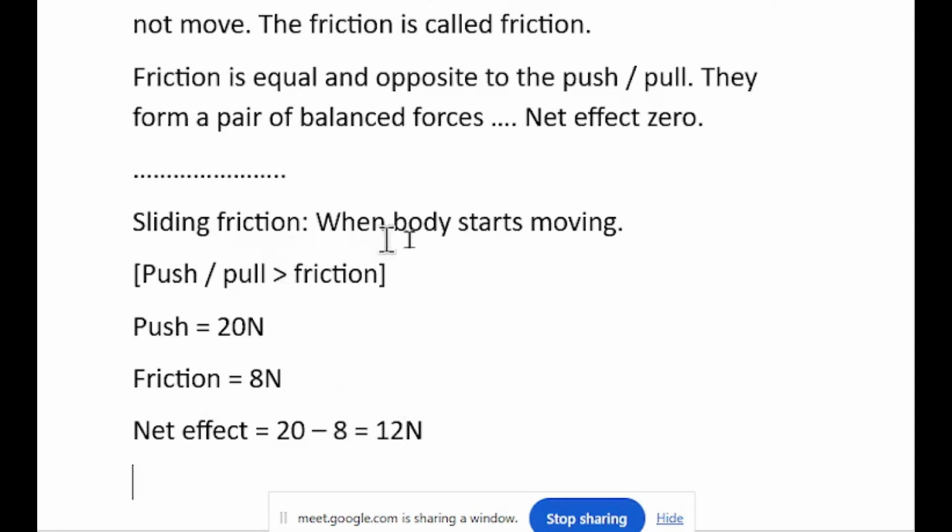8 newton friction. So 12 newtons moves the body. Only this force moves the body.